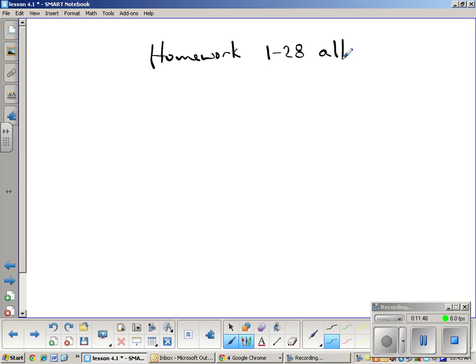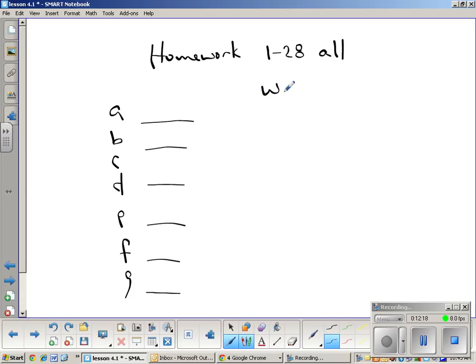Here's the problem, it has like 6 steps to it. 7, sorry. 7 steps to it, and they're labeled A, D, E, F, G. I guess that's it, right? And they have statements here. And they have a picture, and they want you to tell why we know these are true.